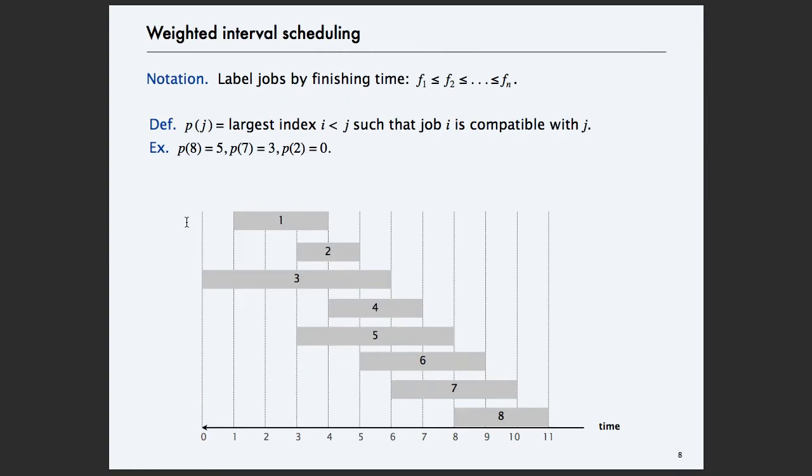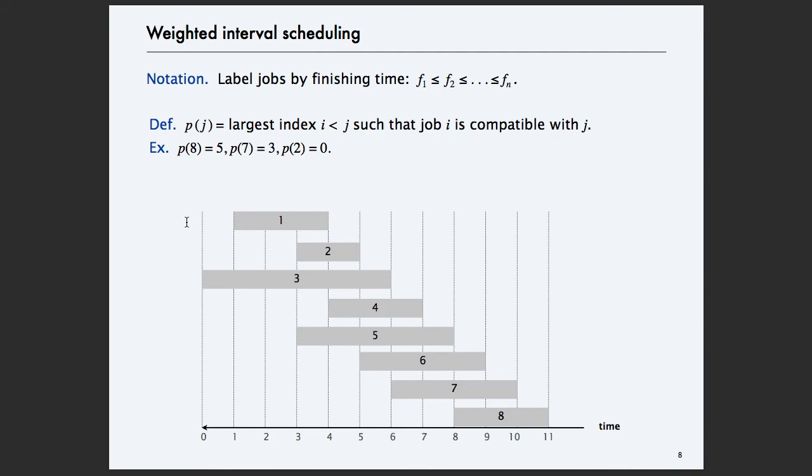We can basically do the same. Sort them by finishing time, and if there is a tie, it doesn't terribly matter which one goes there, right? And then we need to calculate one more thing, which is P of j, which is the largest index i less than j such that job i is compatible with j.